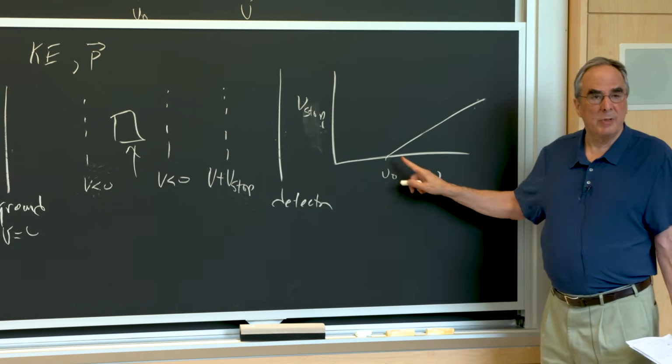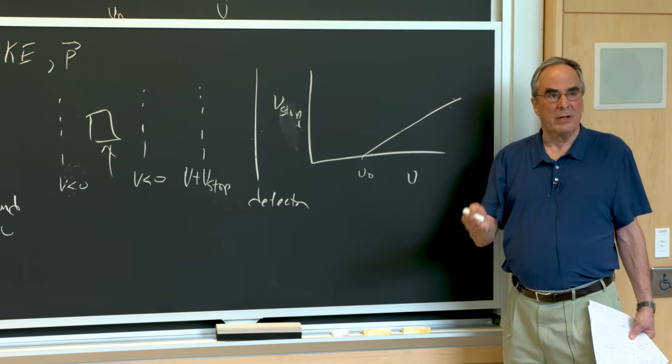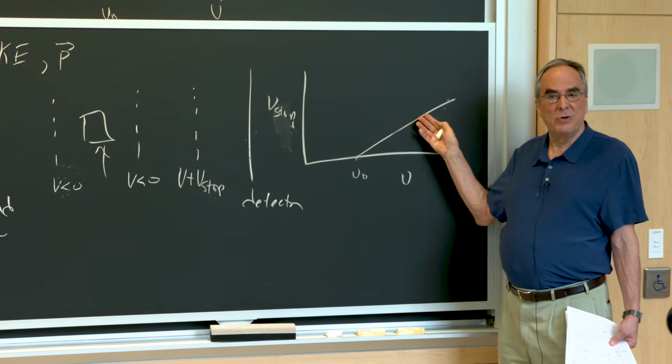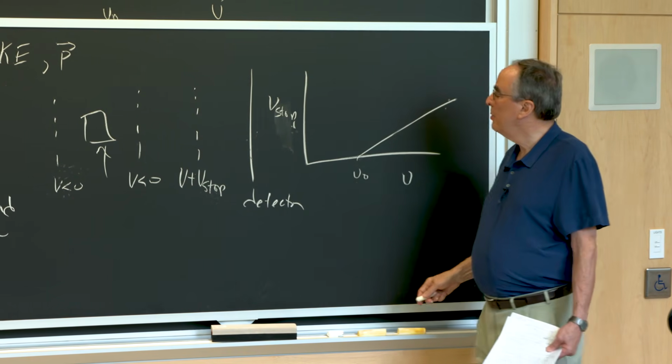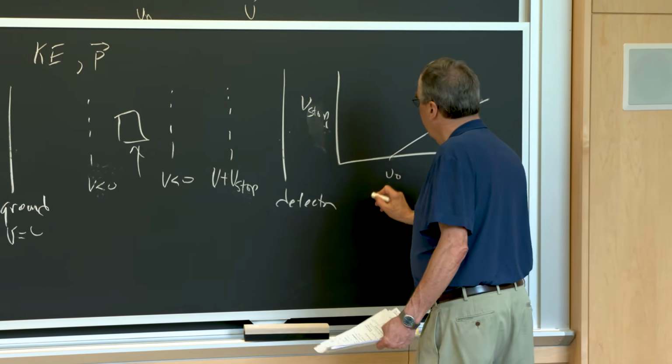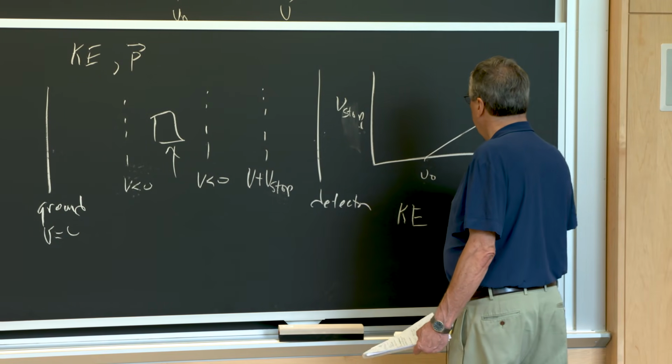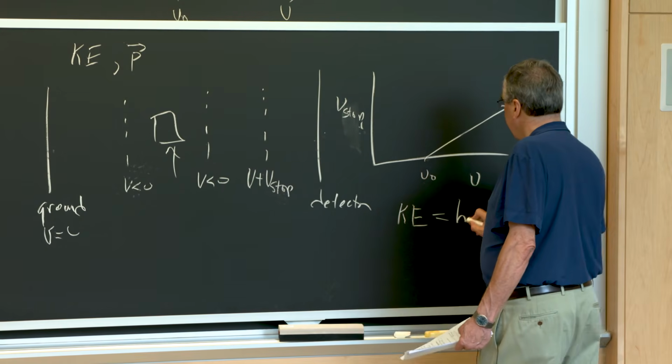Now, when we do this experiment on different metals, the slope is constant, the same, it's universal. So the kinetic energy of the ejected electrons is equal to some constant.